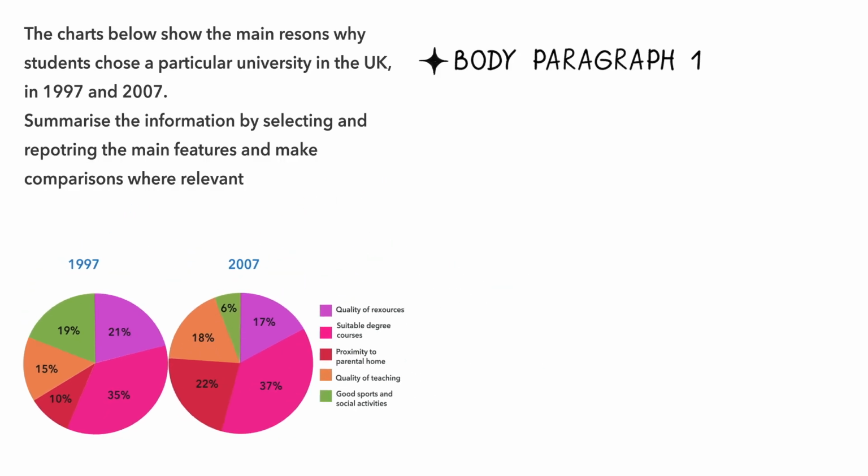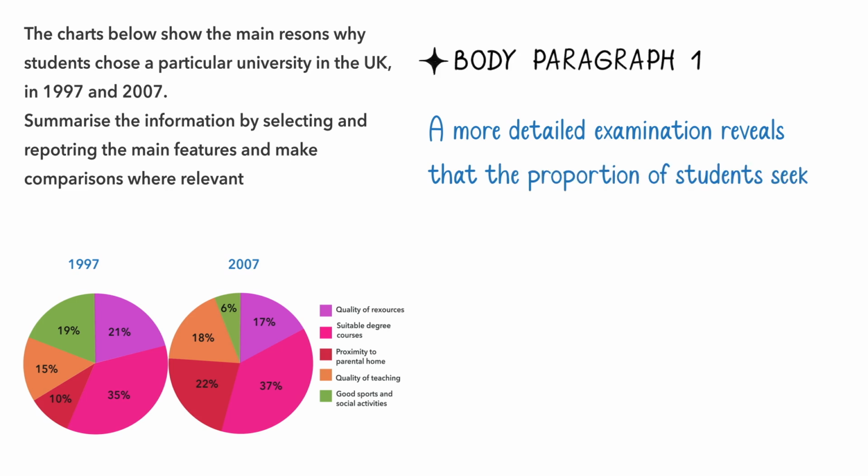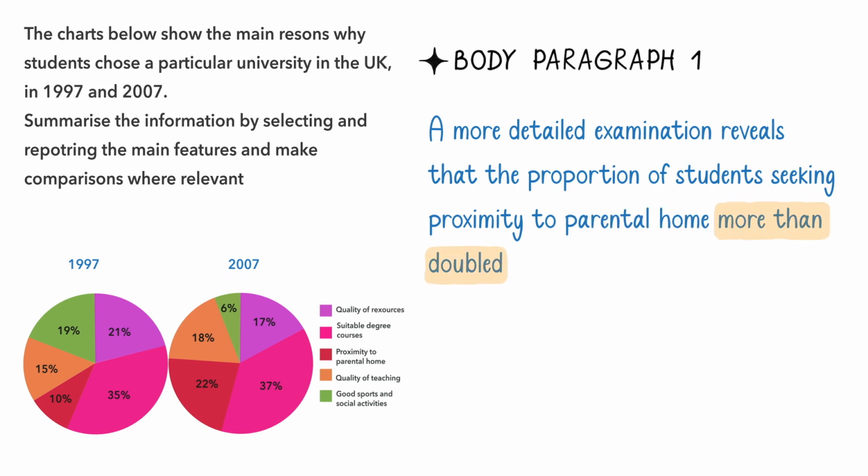I'm starting my first body paragraph with a phrase something like this. A more detailed examination reveals, it means it shows, that the proportion of students seeking proximity to parental home doubled. It's a very good word. You can write more than doubled, all right?